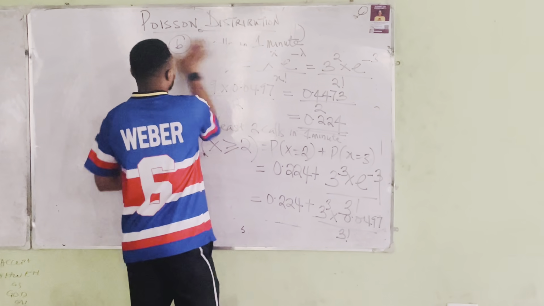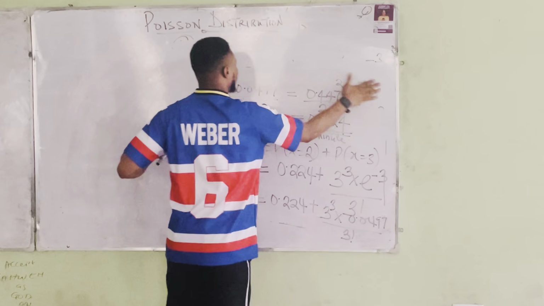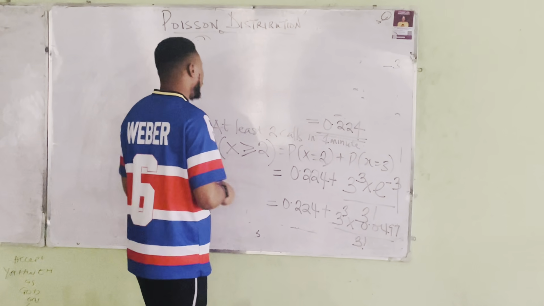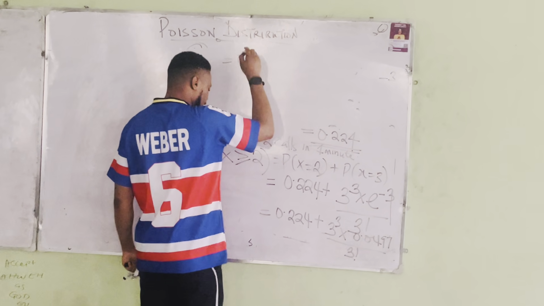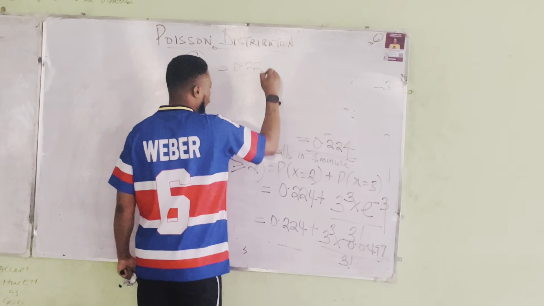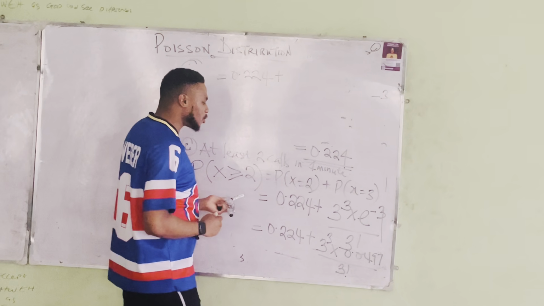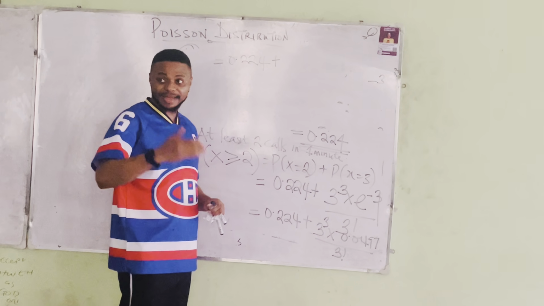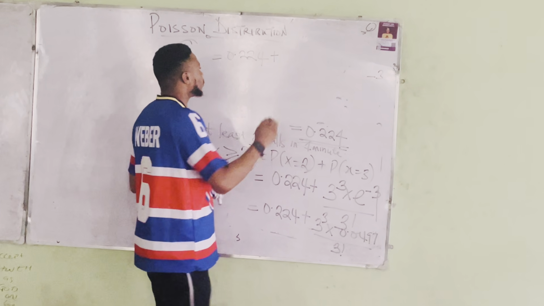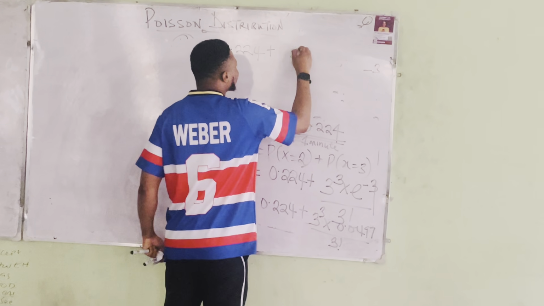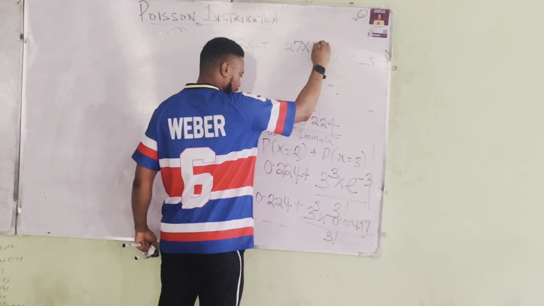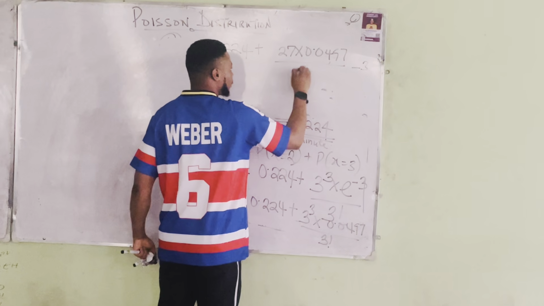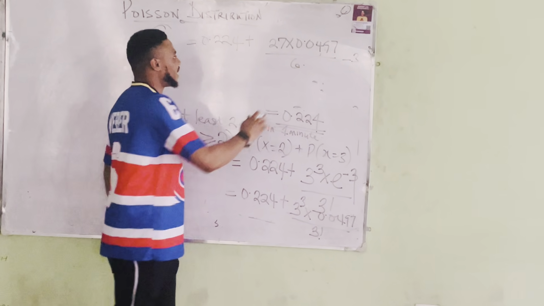So here we would have 0.224 plus 3 raised to power 3, which is 27. That is 3 times 3 is 9, 9 times 3 is 27. So it is plus 27 times 0.0497, divided by 6.